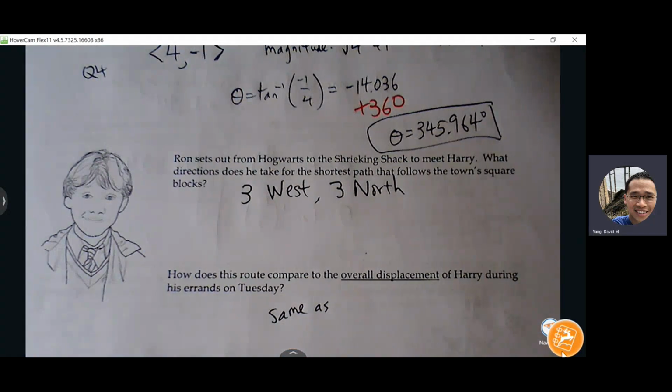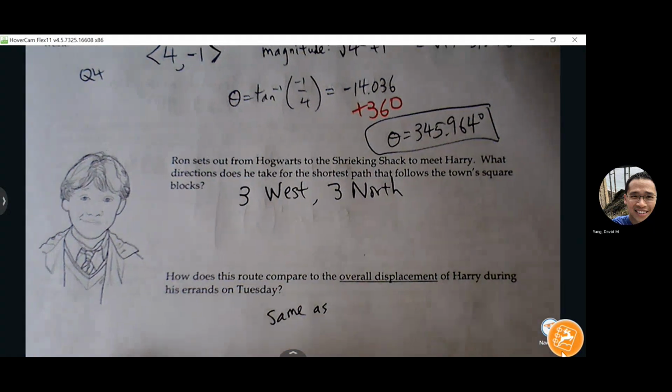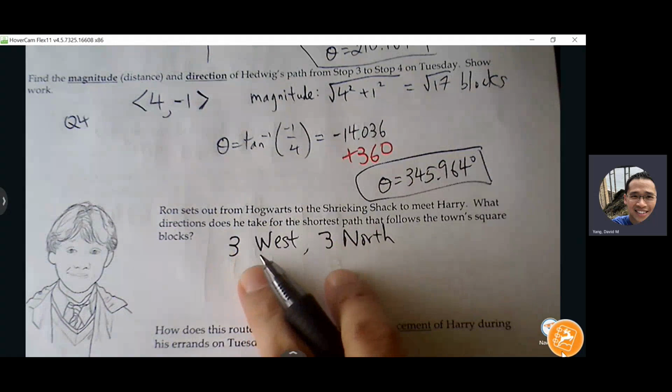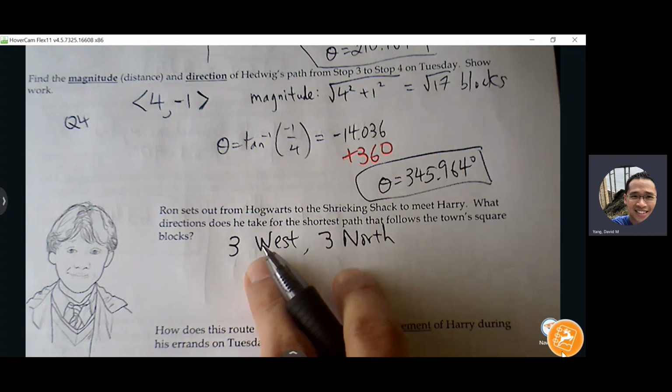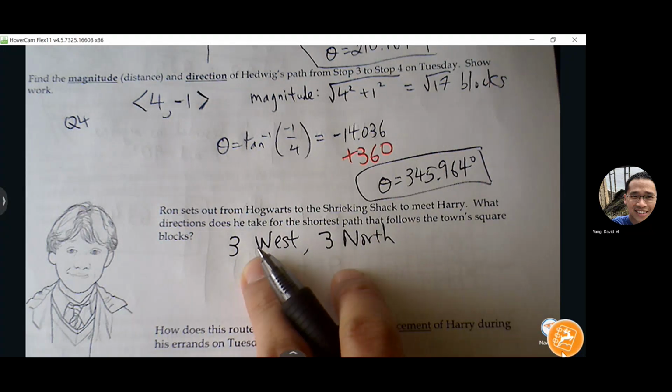I'm sorry. Why didn't you put a degree measurement? Oh, for this. This is in terms of, yeah, it says direction. It doesn't ask for, yeah, you're right.